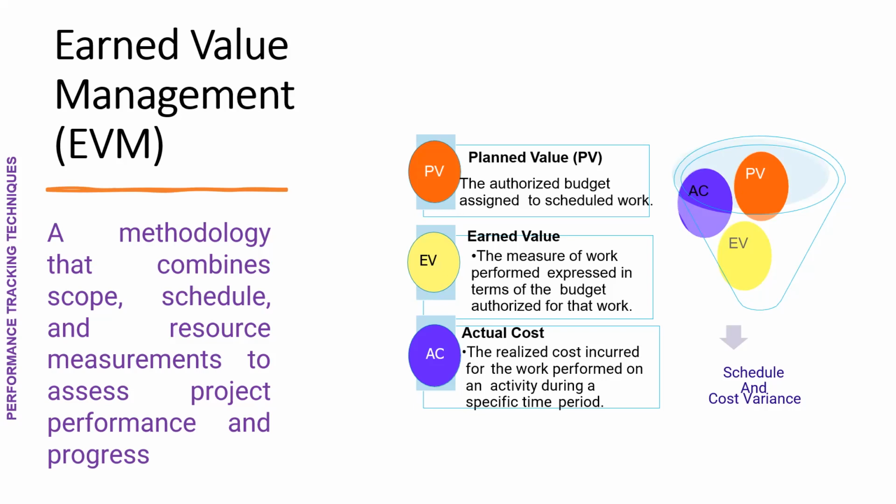What are the three things earned value combines to make performance assessment? The three things are the planned value, the earned value, and the actual cost. I think we also spent a lot of time explaining this in planning.